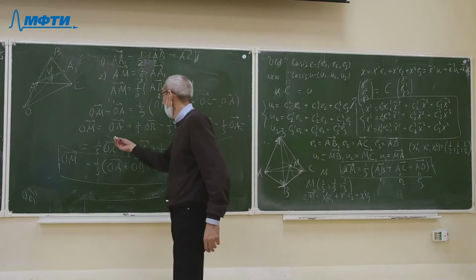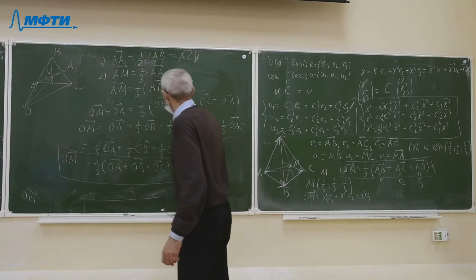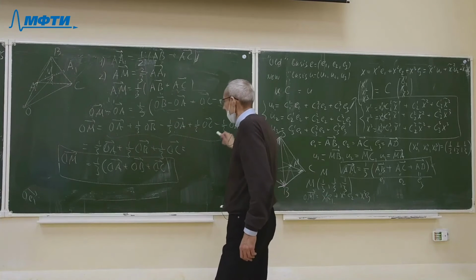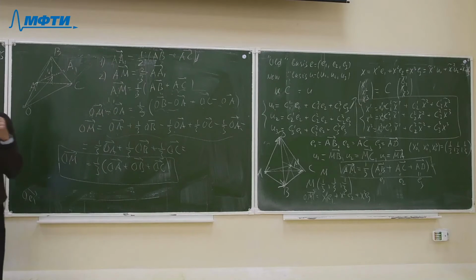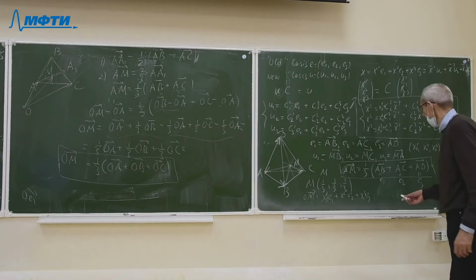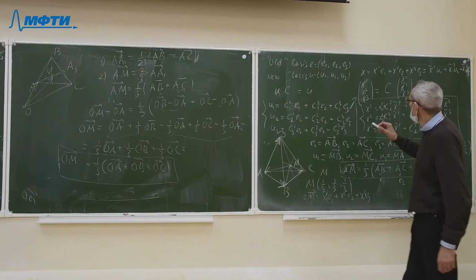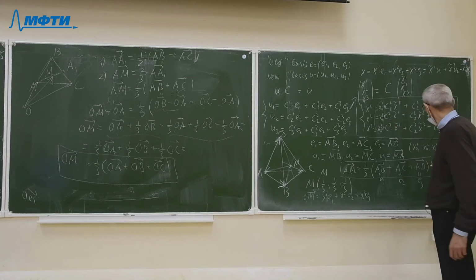And we can subtract from OA 1/3 OA, and we obtain 1/3 OA. Okay. In this first step, we obtain this expression: 1/3, 1/3, 1/3.